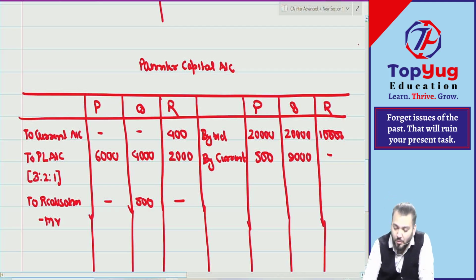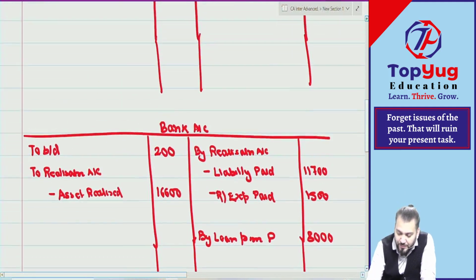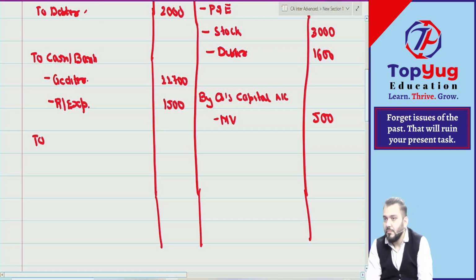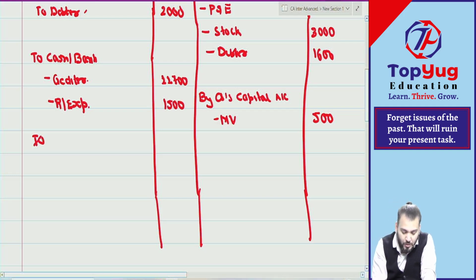Now close which account? Realization account. So we'll find out realization profit. Profit or loss? Loss. How much loss? 51,000.